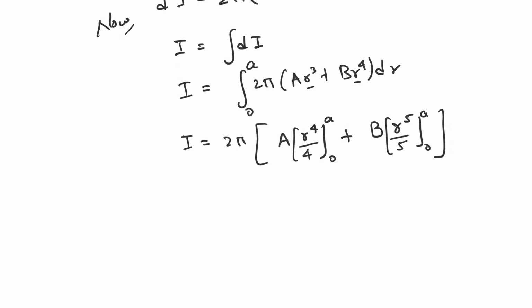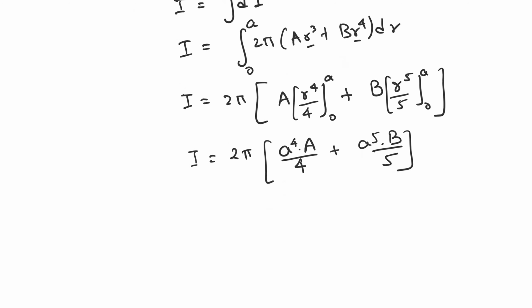Putting in the limits, we get 2 pi times (a to the power 4 into a divided by 4, plus a to the power 5 into b divided by 5). Taking a to the power 4 as common, we have 2 pi a to the power 4 times (a by 4 plus b by 5) times a. So this is the answer.